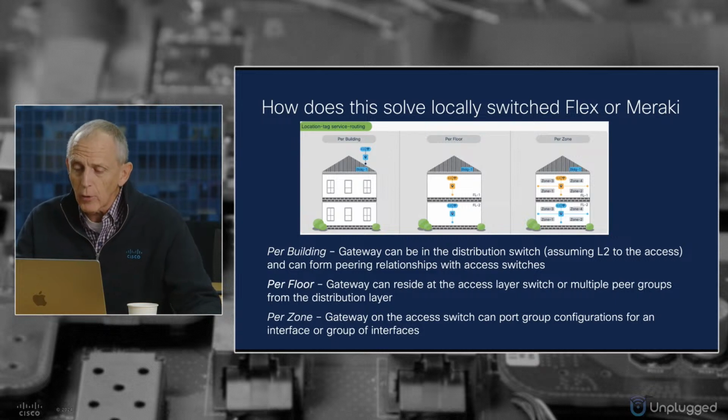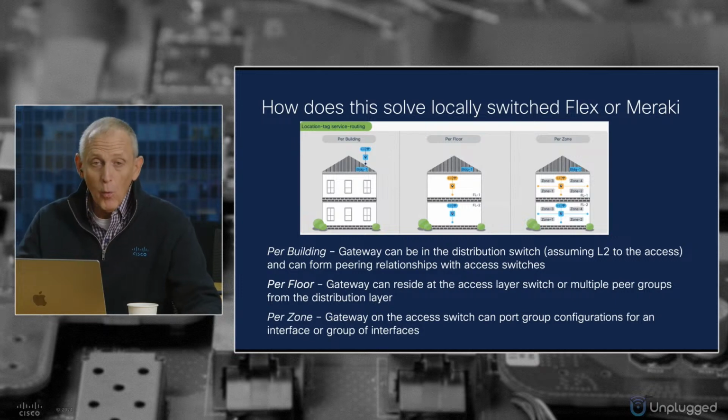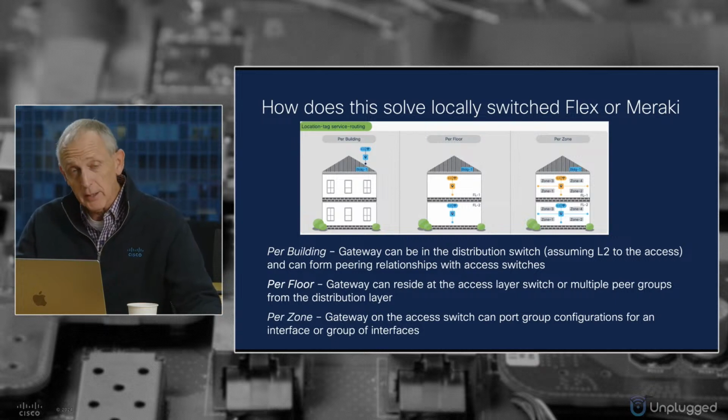So if I have an IDF per floor, only if you're on floor 1 would you see anything on the wired connection. If I'm plugged into a port on a switch on floor 1, or attached to an AP on floor 1, I would see that Bonjour traffic, or I could advertise Bonjour traffic.